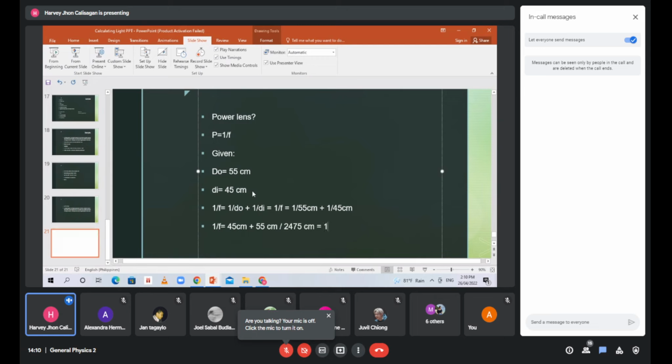Next, add the two, so we have 100 centimeter divided by 2475 centimeter.